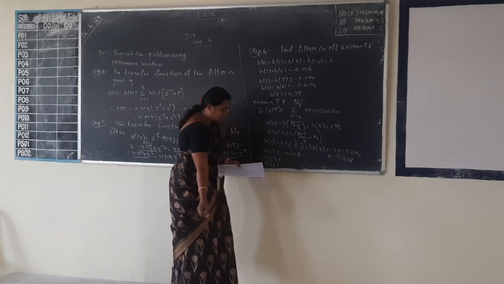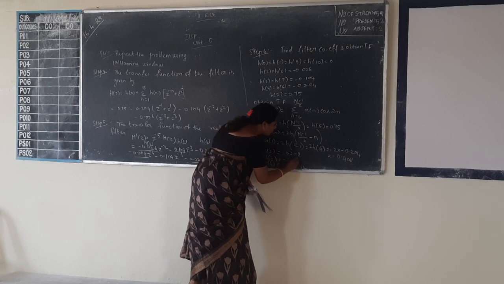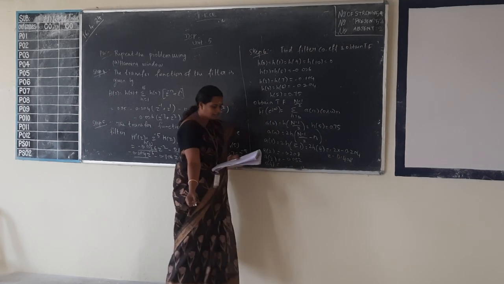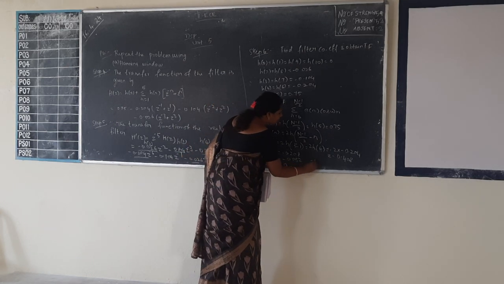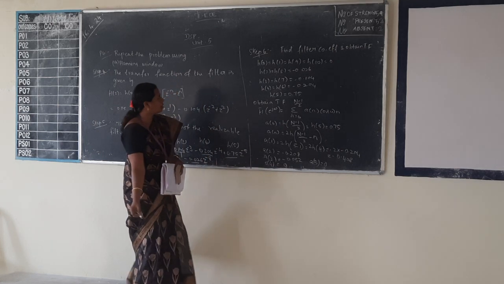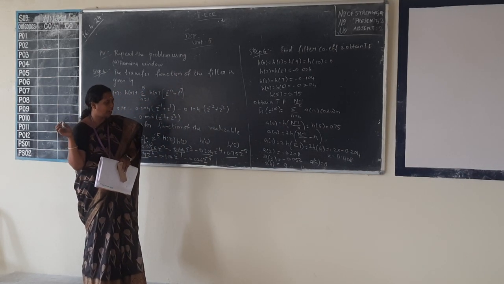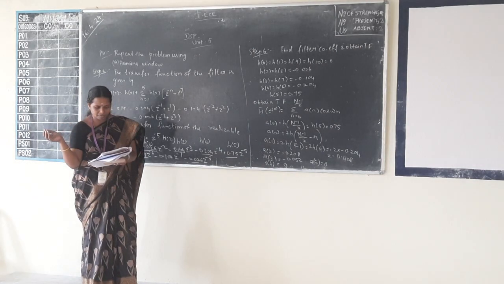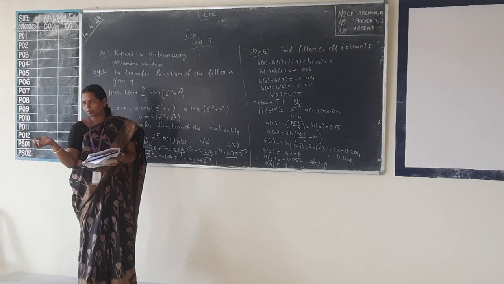So what is A of 3? Minus 0.052. And we have A of 4 and A of 5 as 0, right? We don't have h of 4. A of 4 and A of 5 are 0. Yes or no?